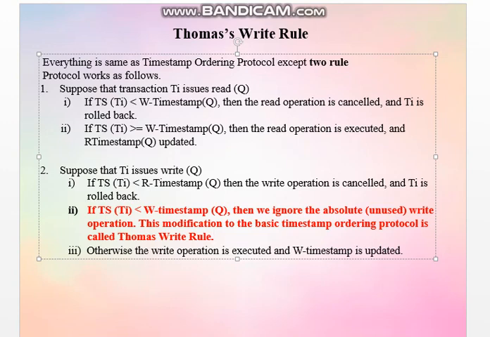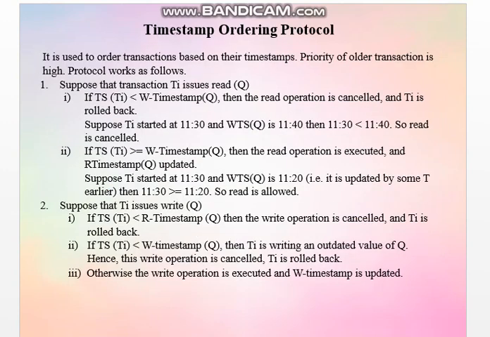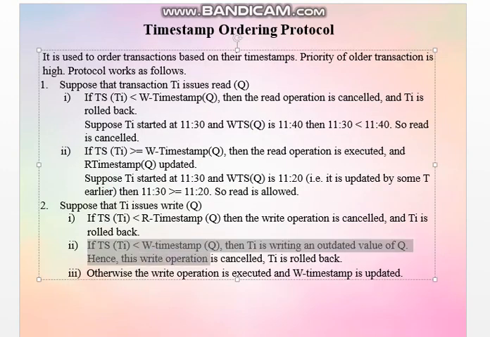So what we are doing is keeping all the rules of the timestamp ordering protocol as they are, and only changing the second rule. In the basic timestamp ordering protocol, the second rule is that we do not allow the write of a transaction which has a lesser timestamp. We cancel it and tell the transaction to roll back itself.